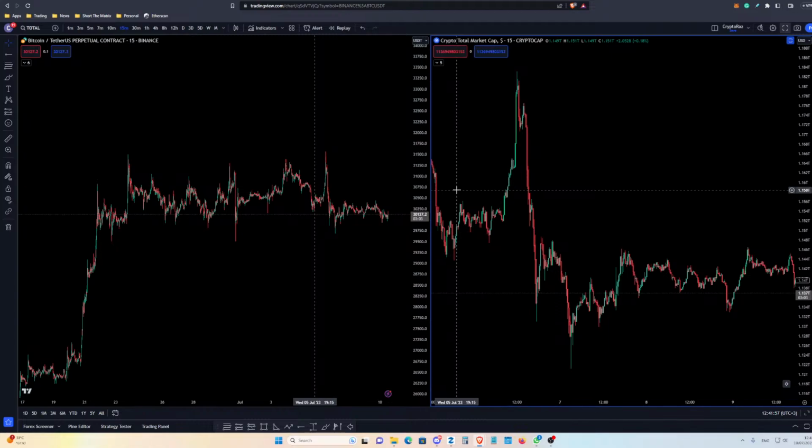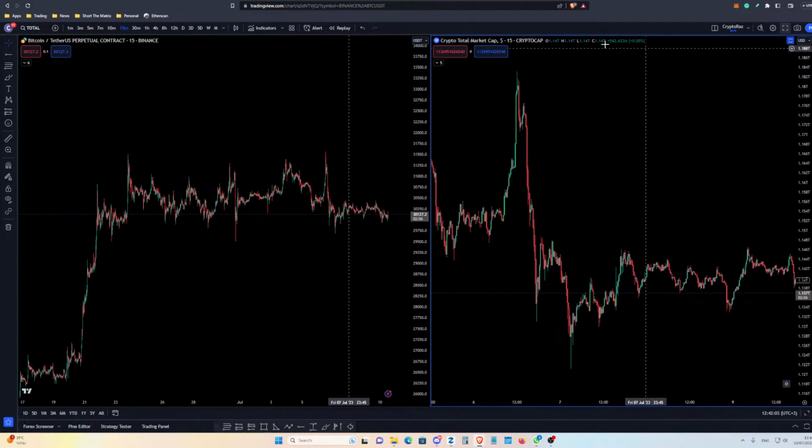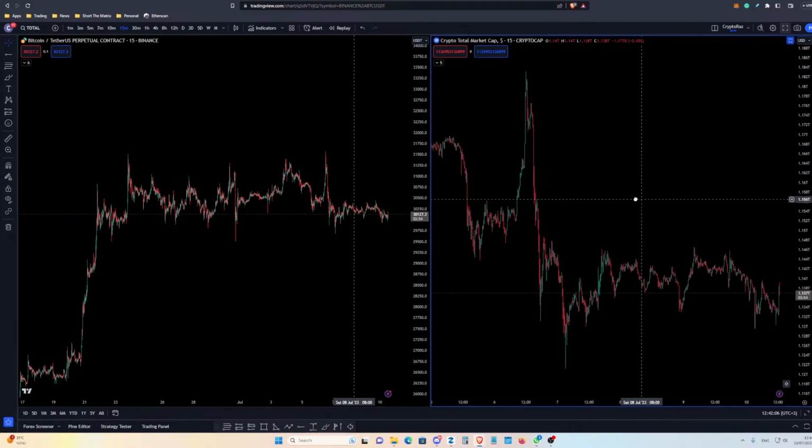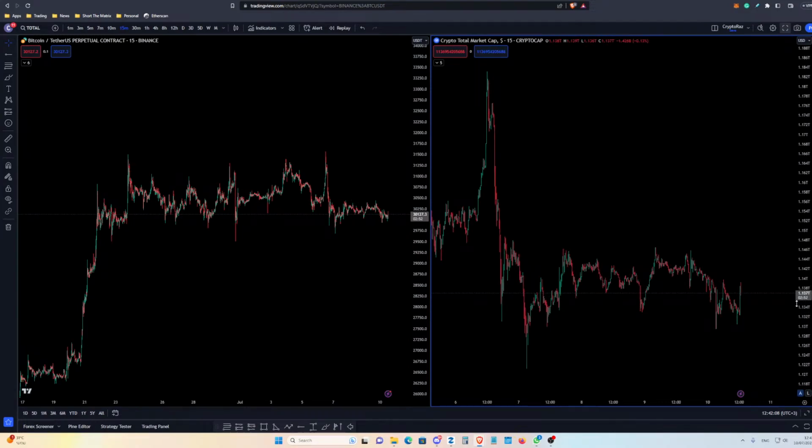What are the differences between the three? The first one is including BTC. Okay, this chart right here includes the market cap of crypto, as you see, $1.137 trillion of market cap, including Bitcoin. The second chart is excluding Bitcoin, okay, which means Ethereum and all other altcoins in the same chart.